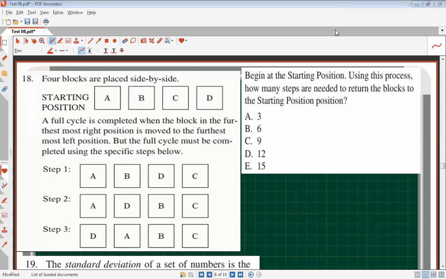Question number 18. 4 blocks side by side. This is the starting position.